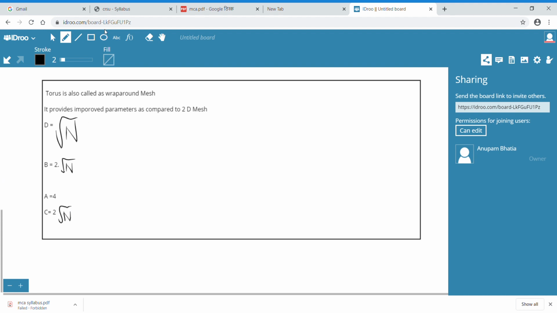Let us see with the help of the diagram. It is a normal 2D mesh only, but the boundaries are also connected to each other.